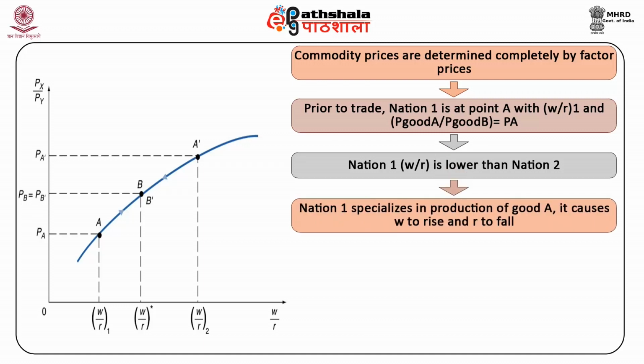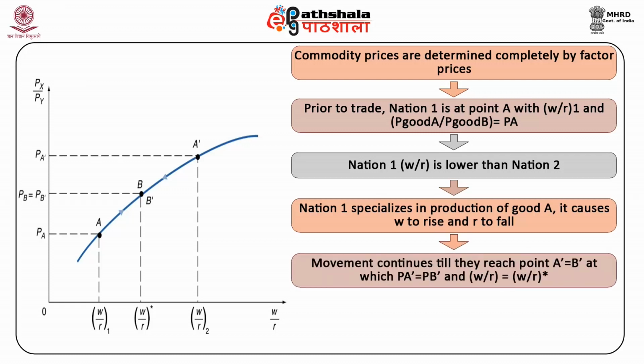As nation 1 specializes in production of good A, it causes W to rise and R to fall, causing W by R to rise. On the other hand, simultaneously in nation 2, the specialization in good B will cause R to rise and W to fall, causing R upon W to rise or W upon R to fall. The movement of W upon R in both nations is shown through arrows.